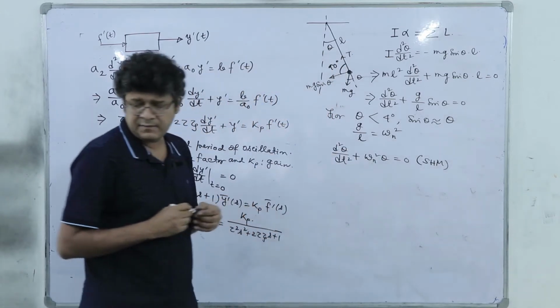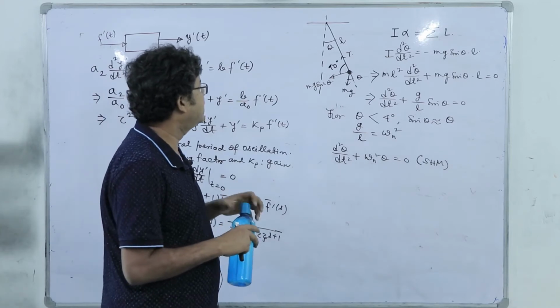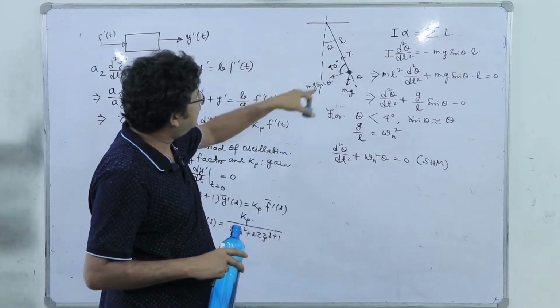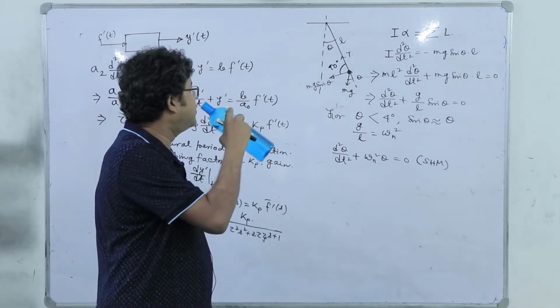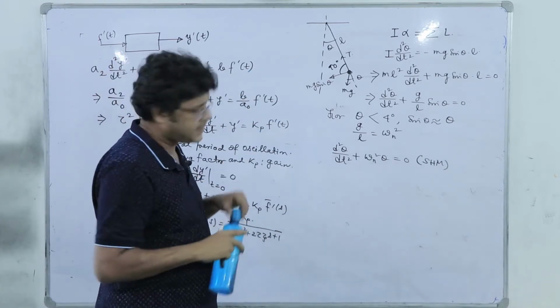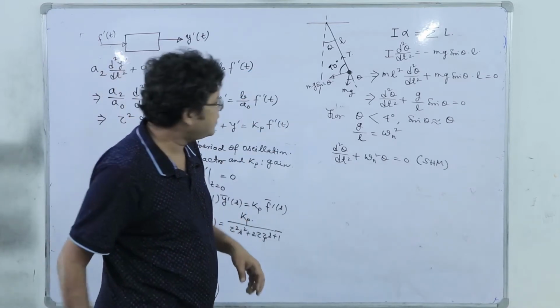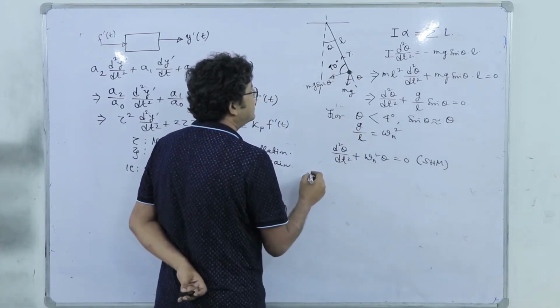Now if I have resistance, think that it's a kind of damped oscillation and we have a fluid resistance. So next again we will write this torque balance.